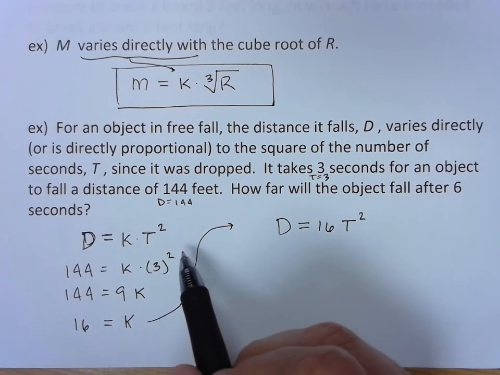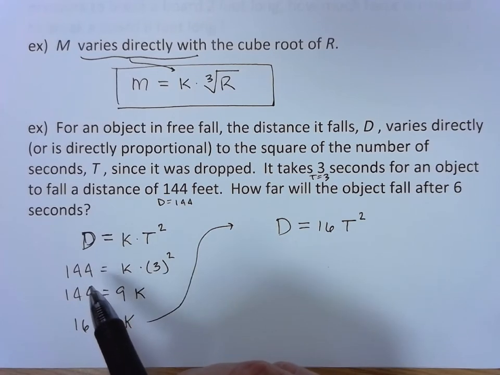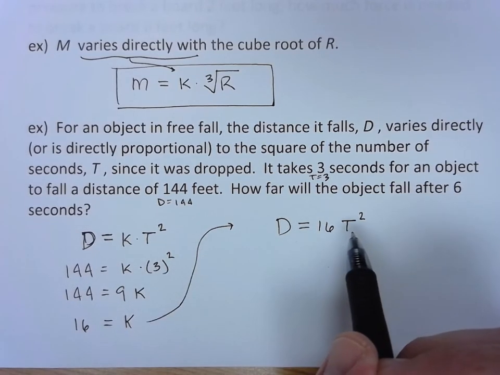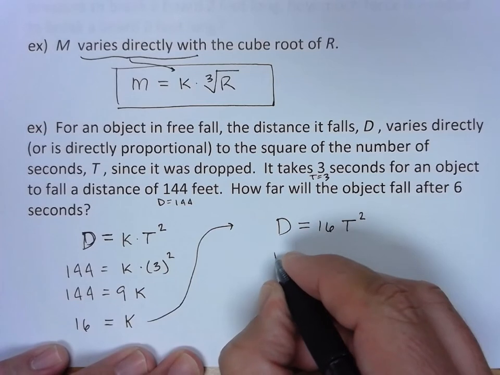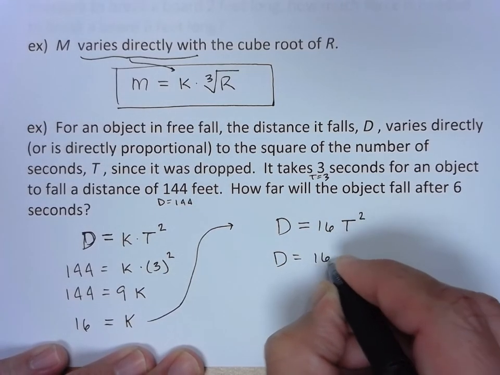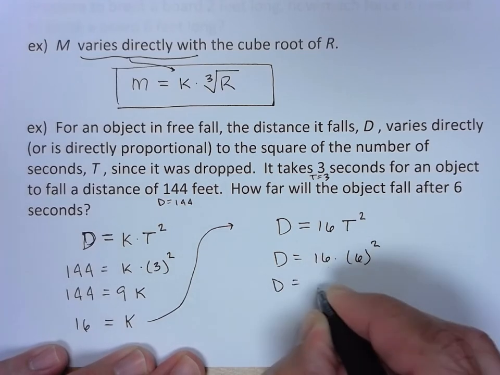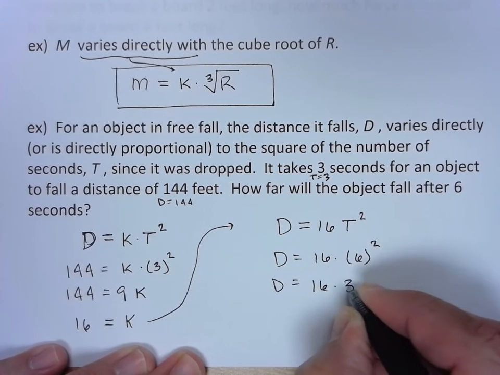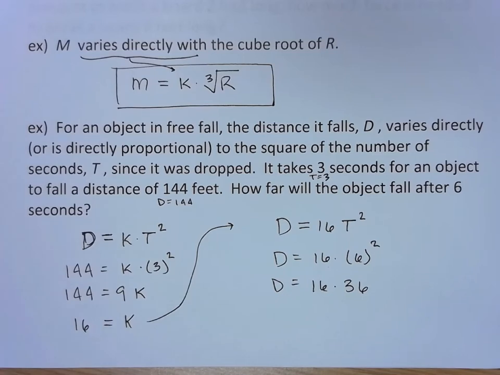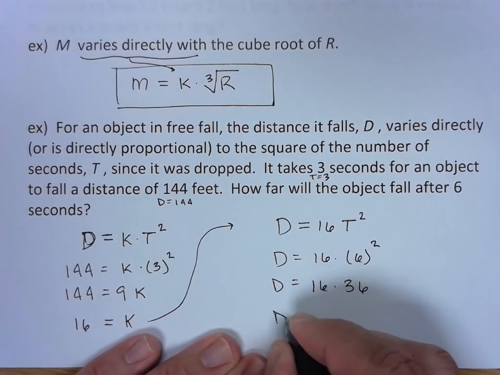Well, 3 seconds gives you 144 feet of falling distance, so 6 seconds is going to make it a little bit further. So d equals 16 times 6 squared. So if you crunch that out carefully, you've got to do 16 times 36, and that's going to give you 576.